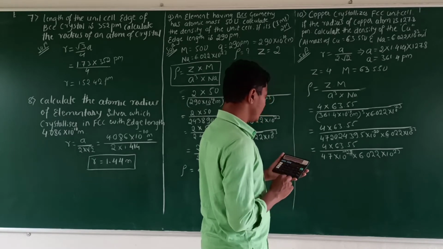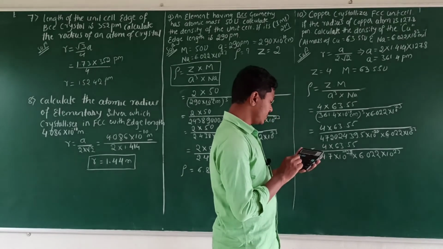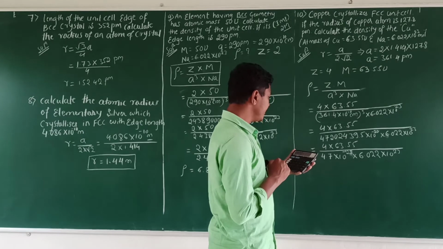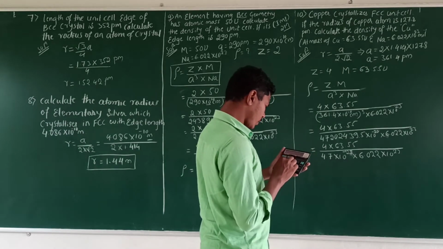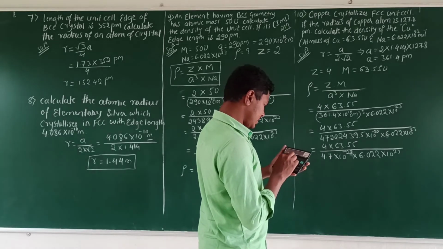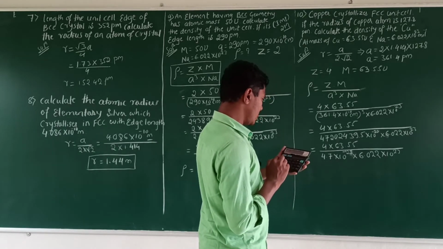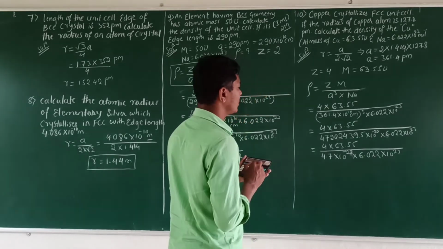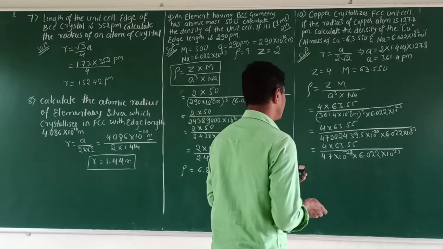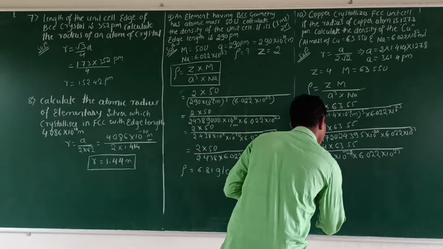4 into 63.55 divided by 4.7 divided by 6.022. How much? What is the value? Its value is 8.9.